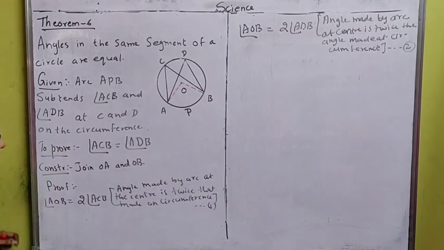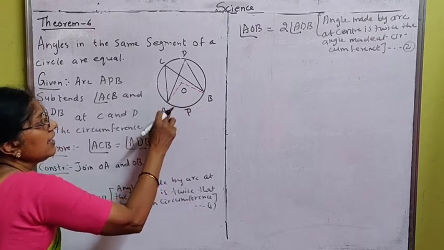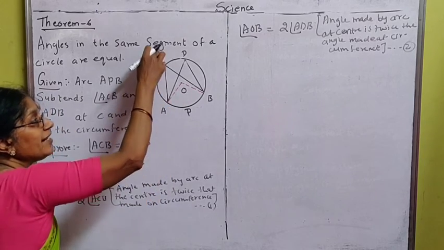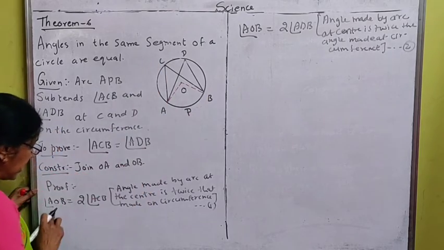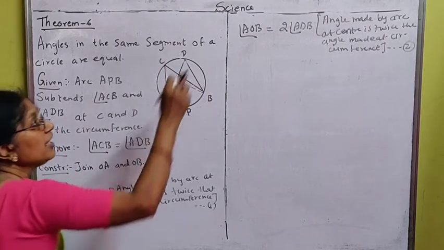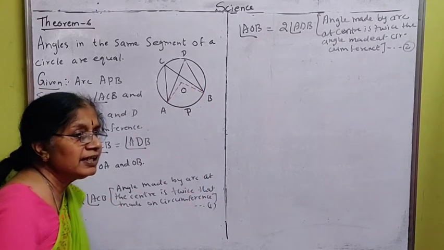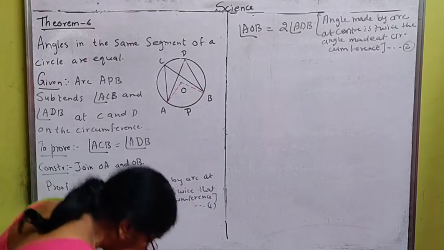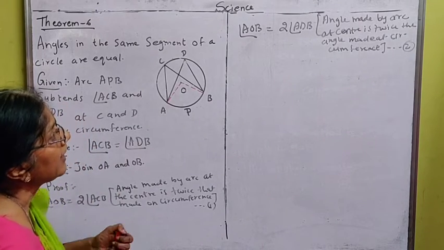AOB is an angle made at the center. ACB is an angle made at the circumference. So angle AOB is equal to twice angle ACB. Here also, AOB is made at the center and ADB is made on the circumference. So you will get angle AOB is equal to twice angle ADB.